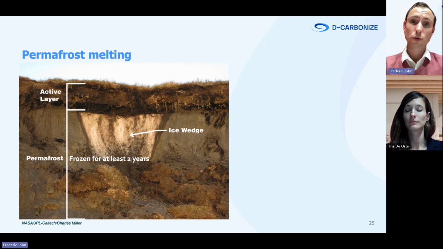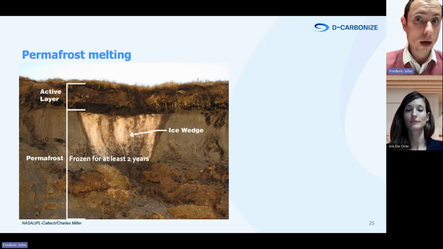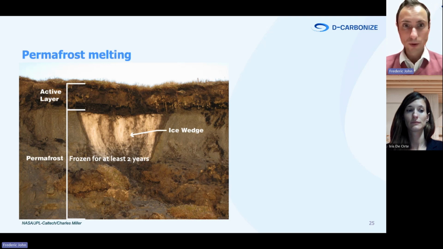Visually, permafrost could look like the lawn outside of your house, or the land that you could see from the window where you are sitting right now. The particularity is that the underground of this land is frozen for more than 2 years. As long as you have a layer of land that is frozen for more than 2 years, we call it permafrost.